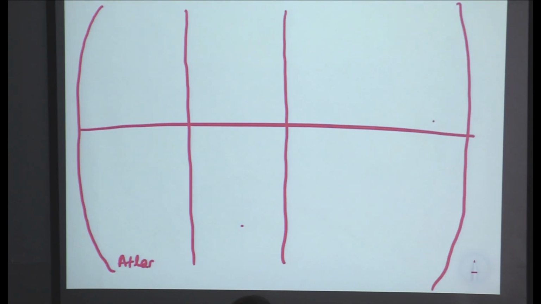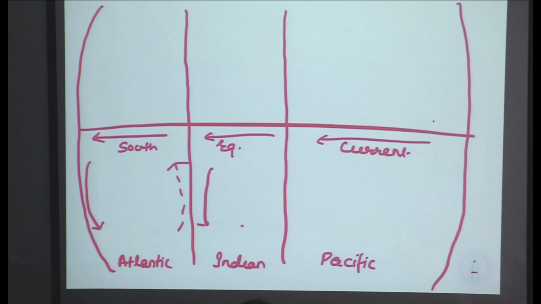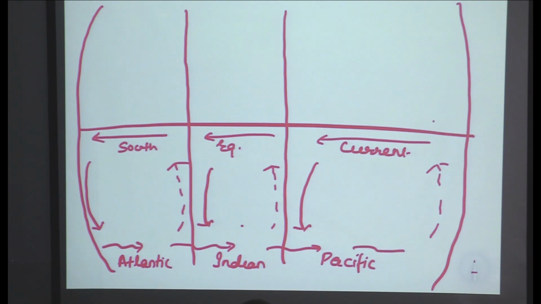Atlantic, Indian and Pacific Oceans all will have south equatorial current, west boundary warm current, east boundary cold current, and circumantarctic drift.